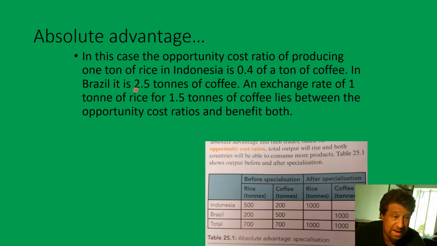And Brazil has given up 2.5 tons of coffee for producing 1 ton of rice. So we can see that an exchange rate of 1 ton of rice for 1.5 tons of coffee could be advantageous for both, because 1.5 is between these two opportunity cost ratios.